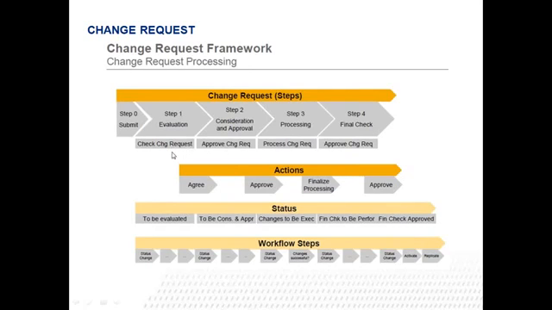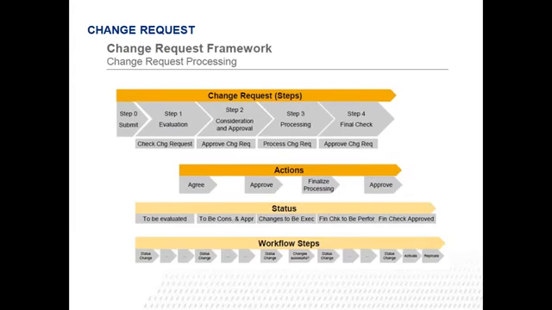So at the configuration level, we can see what exactly check change request, approve change request or process change request mean. Here you can see at step 1 level, check change request is the step during evaluation. We have to attach some actions.